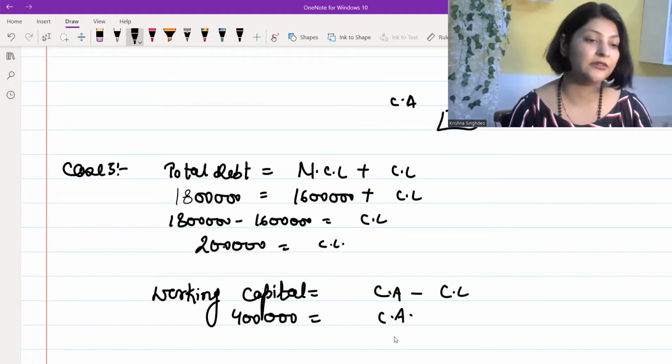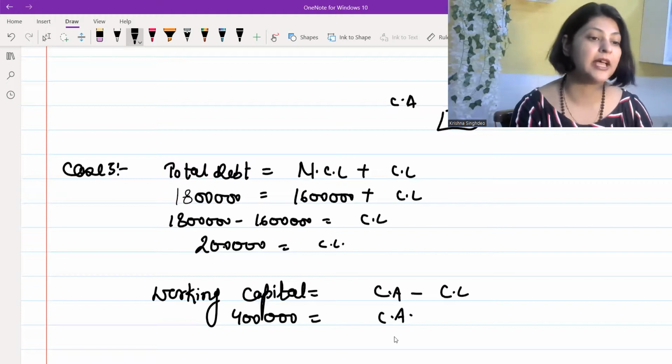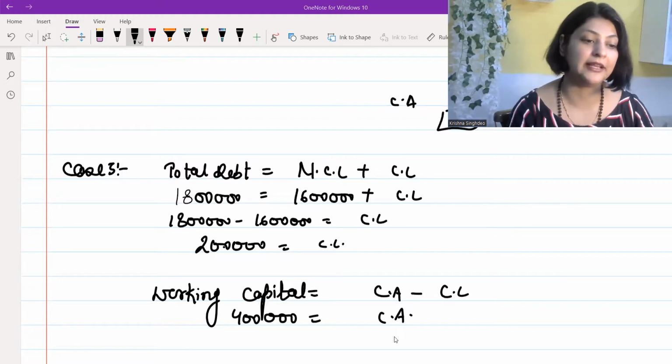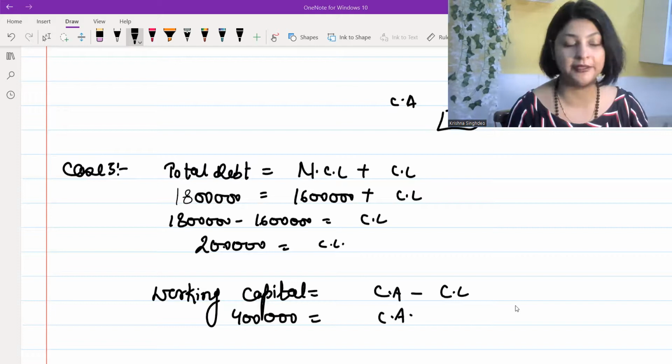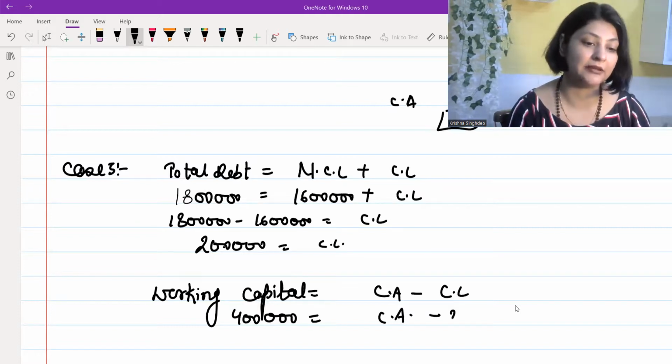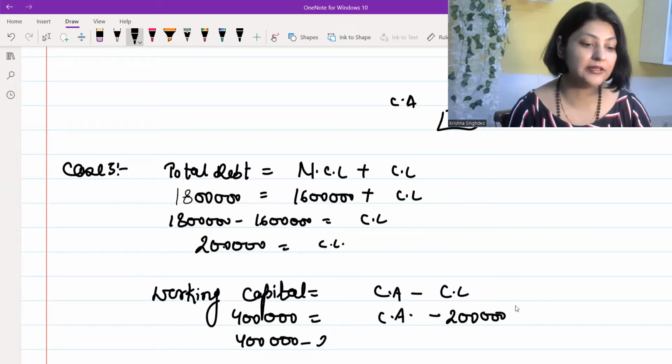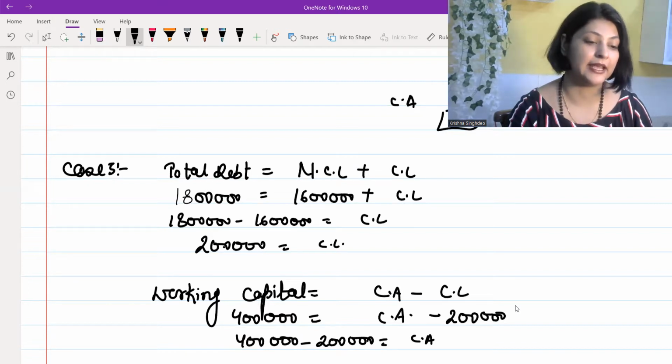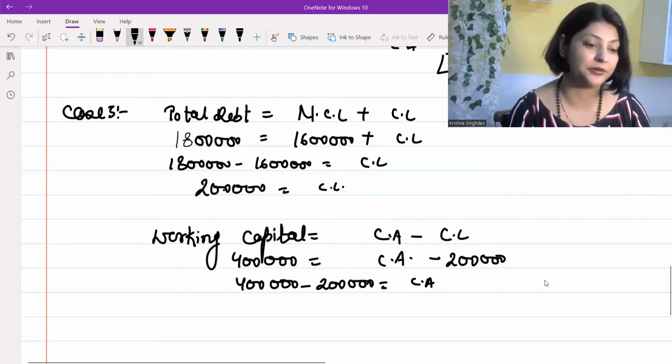I will just write down the current assets as it is because I do not know what is the current asset. That is what I am trying to find out. So current assets minus current liability, which is 2 lakh rupees. So 4 lakh plus 2 lakh is my current asset, and my current assets are 6 lakh rupees now.